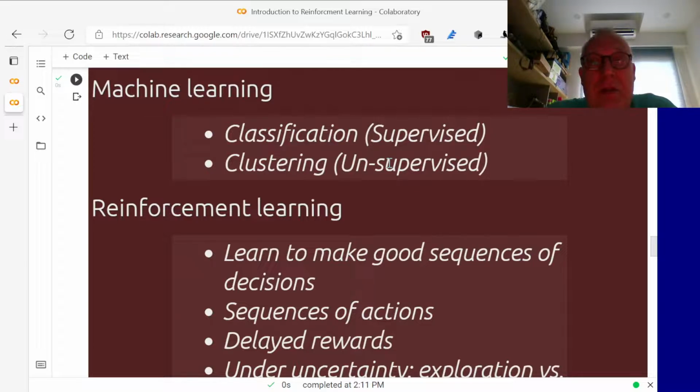One example would be if you want to train a computer vision system to detect dogs, then you may present it with a whole lot of images, and some of them have a dog in it and some of them don't, and then somebody must label the training data saying, this is a picture with a dog, this is a picture without a dog, and so on.